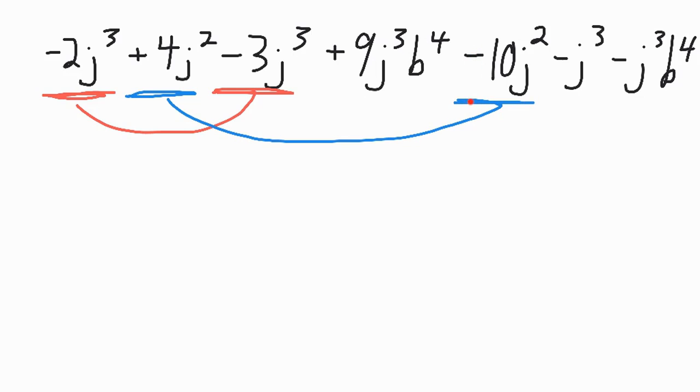I'm including the operation that's in front. I don't want to just ignore that. Do not ignore that. What about this j to the third? That will be combined with all of our other j to the third terms. And now we have another j to the third, b to the fourth. Just like this over here, j to the third, b to the fourth, so we can combine those.